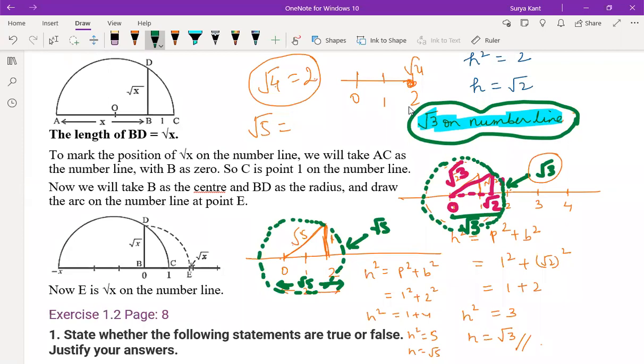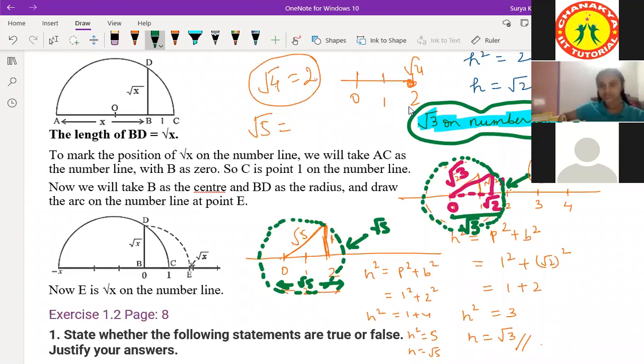Sir, instead of a circle, can we keep an arc from the point on the number line? Exactly. Why am I drawing one circle? Because children will never understand how this arc is coming. Suppose you got this line. If you do not draw a circle, children will just do this much from this point, and they will not understand why we are doing this, why root 2 is coming over here.